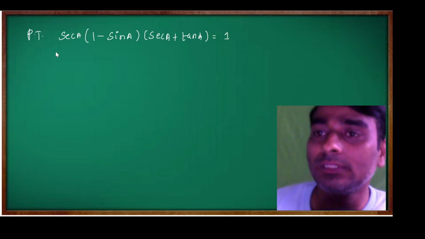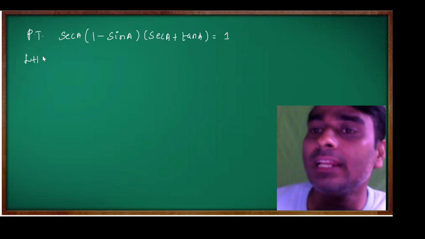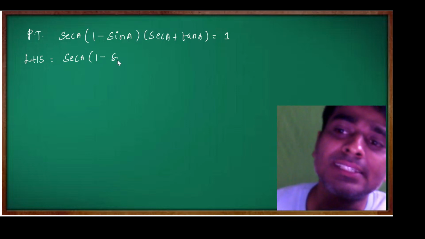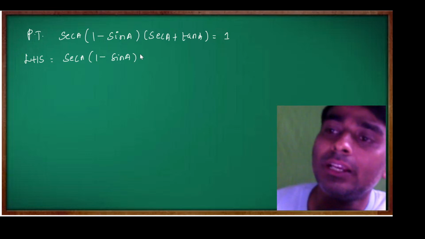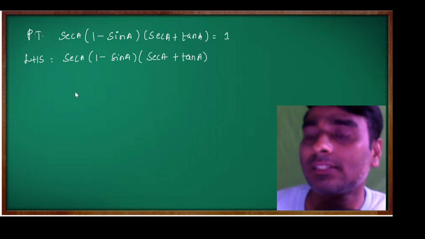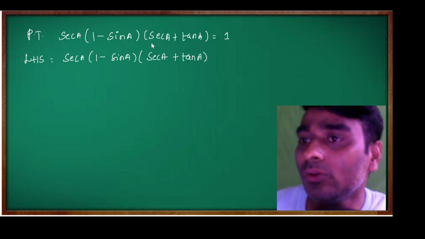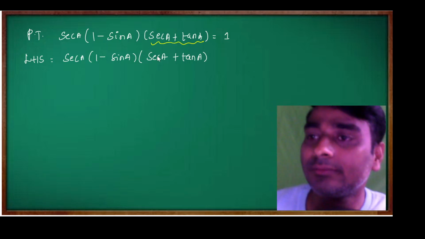We need to prove this equal to 1. So your LHS is equal to secant A into 1 minus sin A into secant A plus tan A. This is your LHS. Now if you observe one thing here, you have secant A plus tan A.